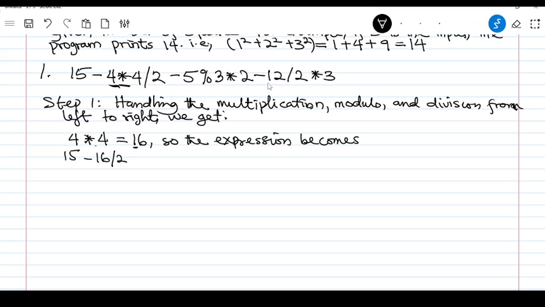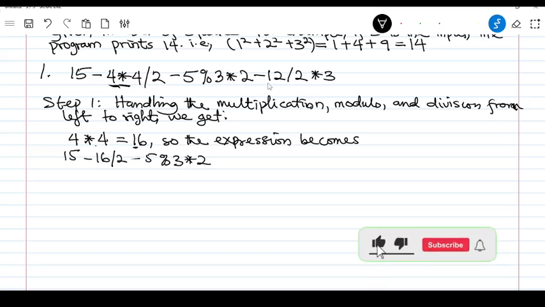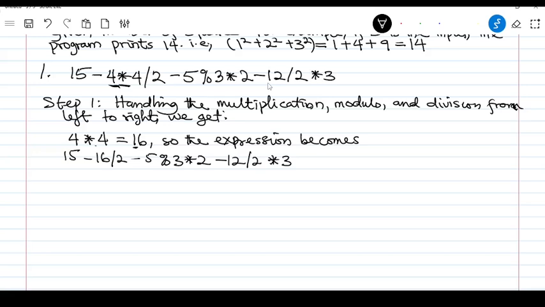So 15 minus 16 divided by 2 minus 5 modulo 3 times 2 minus 12 divided by 2 times 3, right?